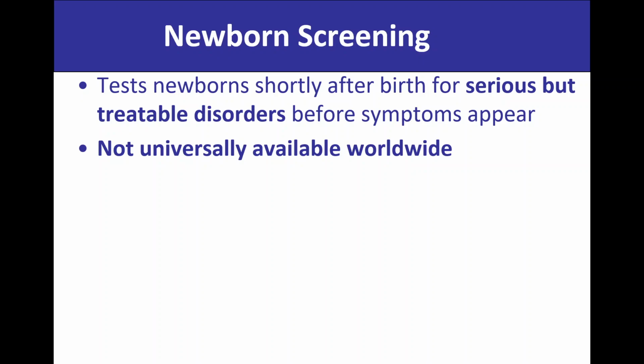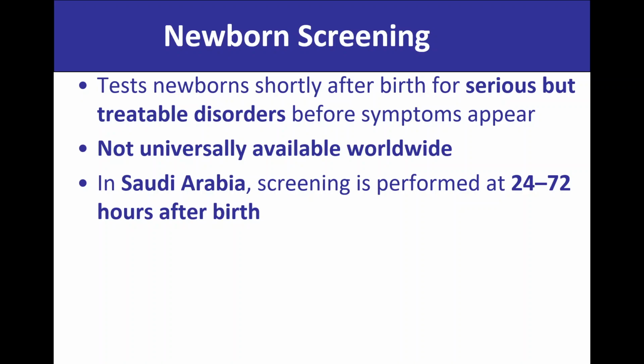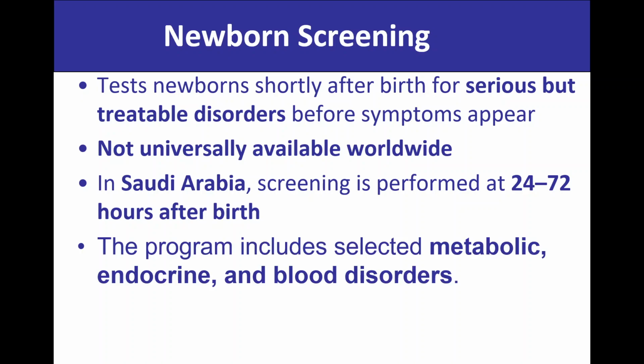It should be available worldwide, but sadly it's not. Underdeveloped countries, like some countries in Africa, don't have newborn screening. In Saudi Arabia, it was made mandatory in recent years, I think in the 90s, and it's usually performed at 24 to 72 hours after birth. Besides screening for metabolic disease, so it's not only amino acid metabolism errors that they screen for, they screen for other diseases.